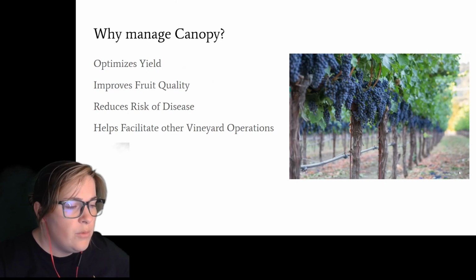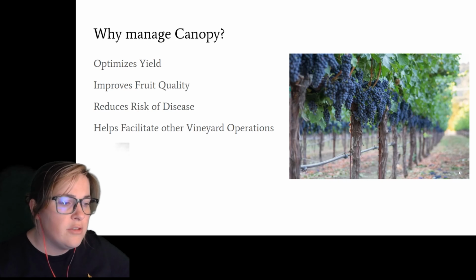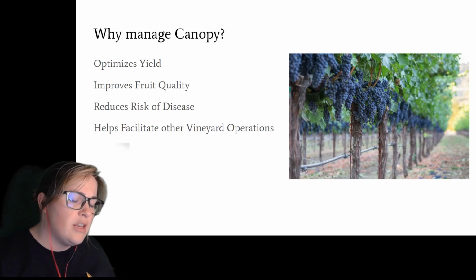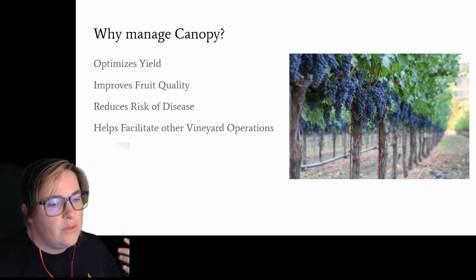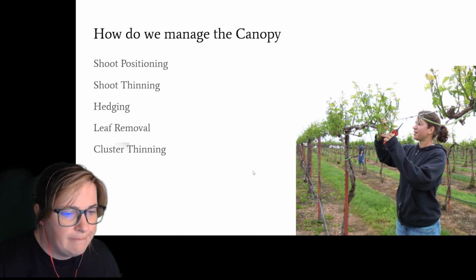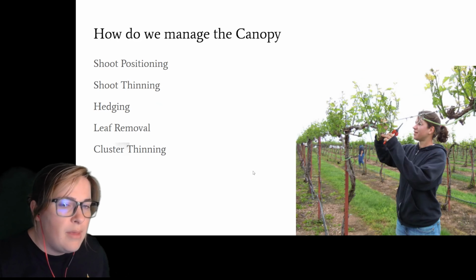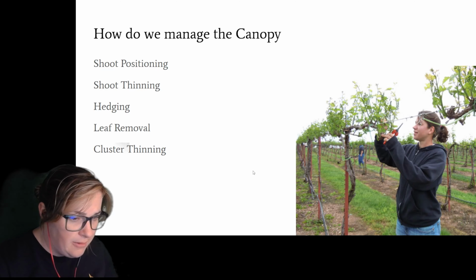Cool. So we talk about canopy management. This is really like controlling the yield, the fruit quality, the ability for your vine to be infected by a disease. But also, this is something that we do to help facilitate other vineyard operations, right? So how we manage the canopy: shoot positioning, shoot thinning, hedging, leaf removal, cluster thinning.